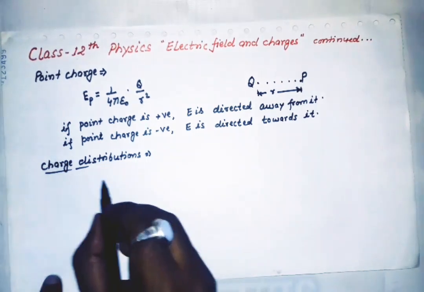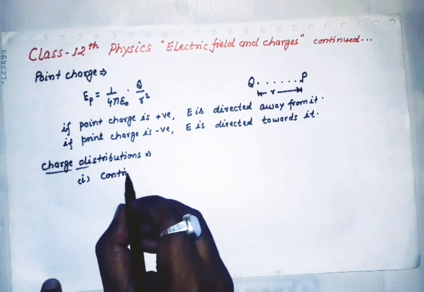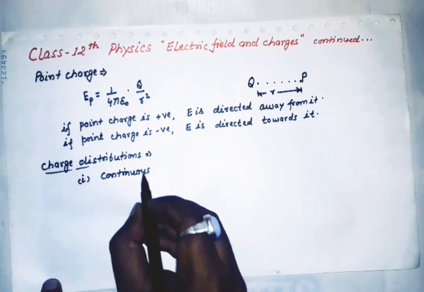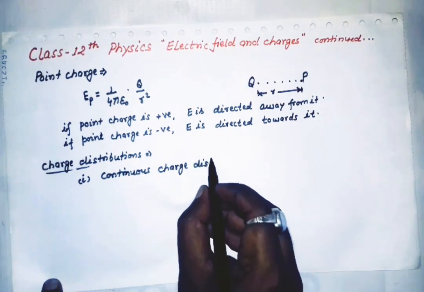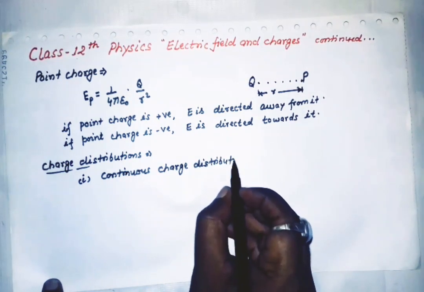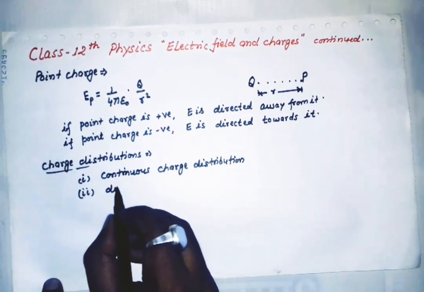One way is continuous charge distribution, and the other way is discontinuous charge distribution.